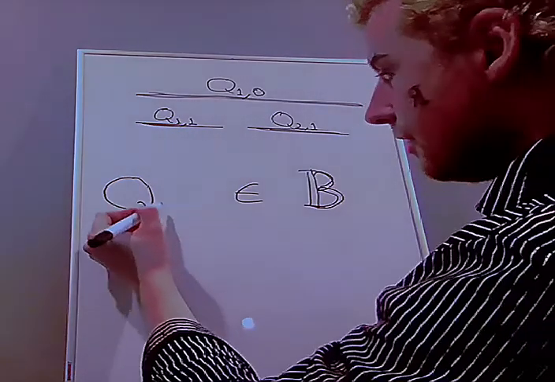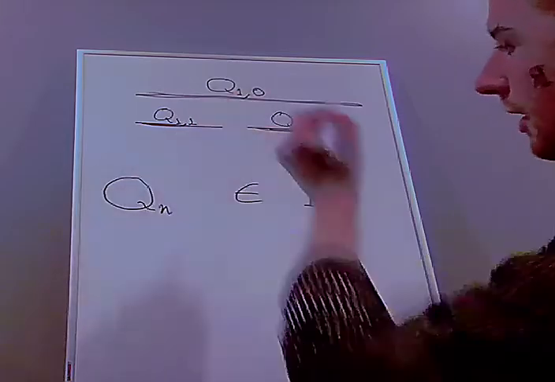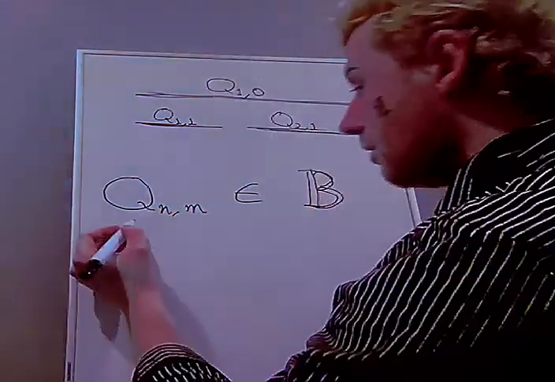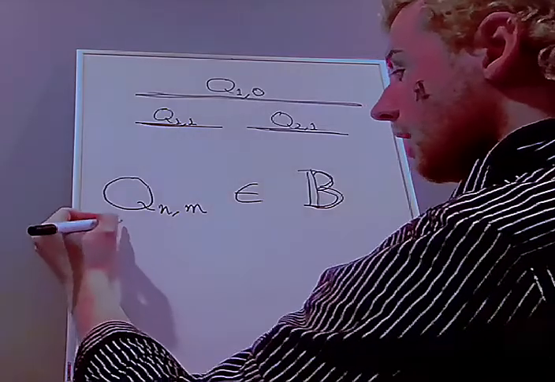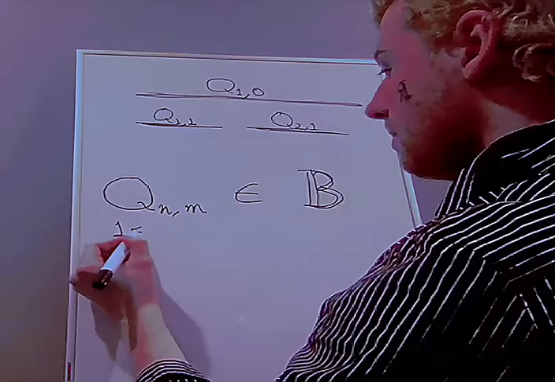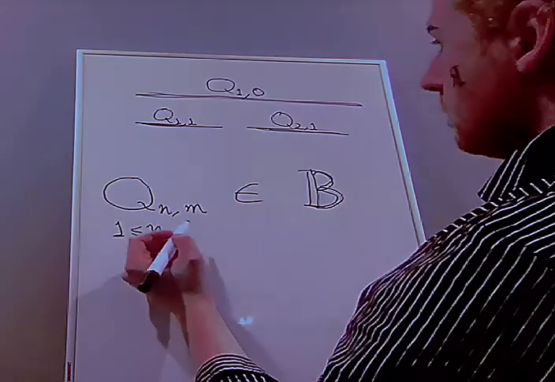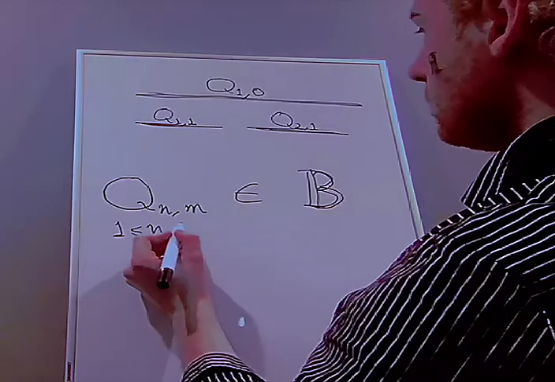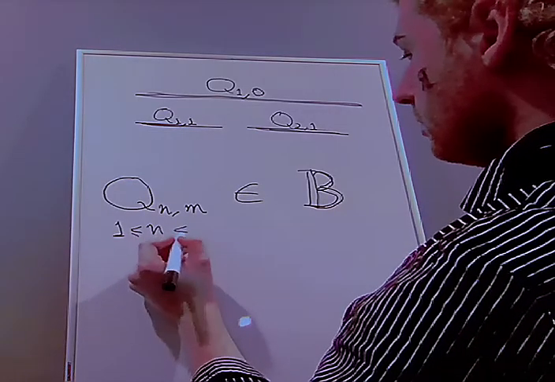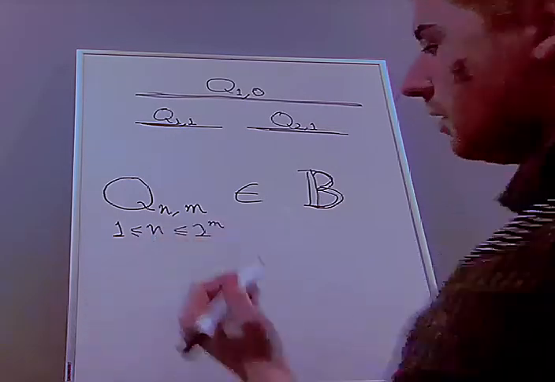You might see now that we could call this Q sub n for the number it is, and then n for the level. So n clearly ranges from 1 through to 2 to the power of n.